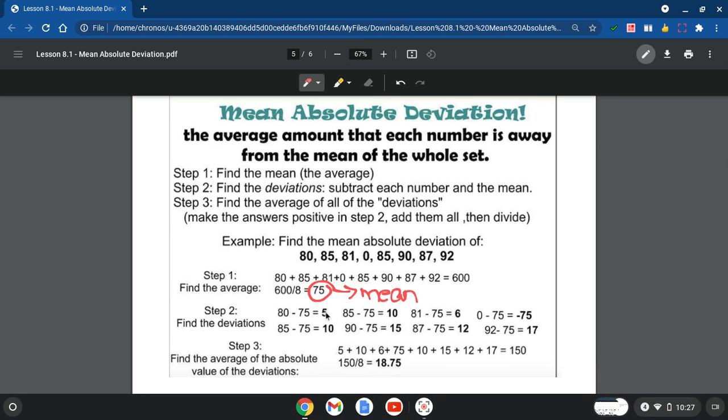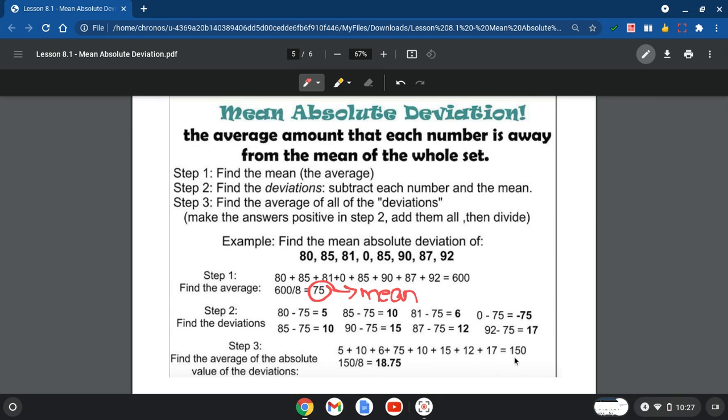So I would take 5 plus 10 plus 6 plus 75. We will leave this as a 75 and not as a negative 75. Plus 10 plus 15 plus 12 plus 17. And as you could see, it was done here on the bottom.